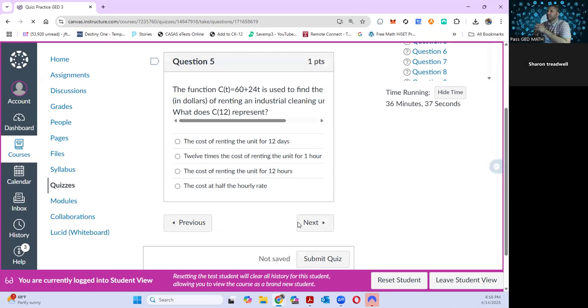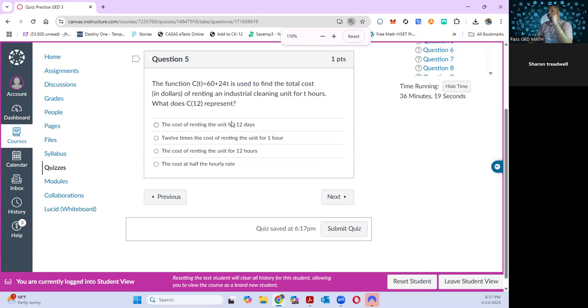The function C of t equals 60 plus 24t is used to find the total cost in dollars of renting an industrial cleaning unit for t hours. What does C of 12 represent? Okay, t is time.